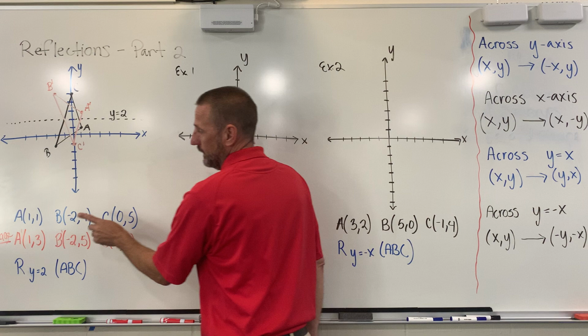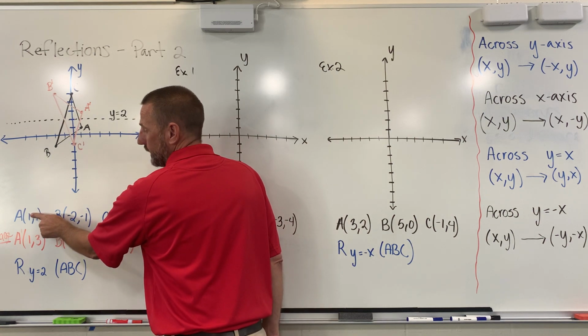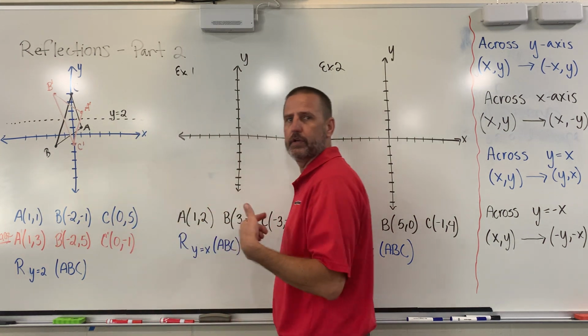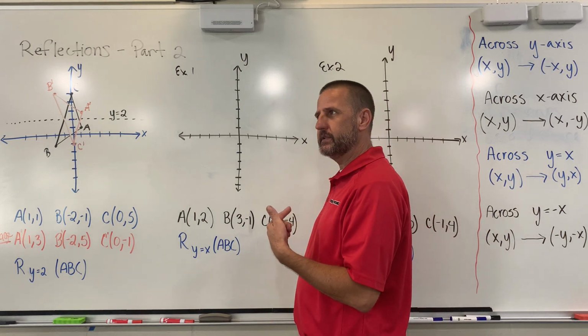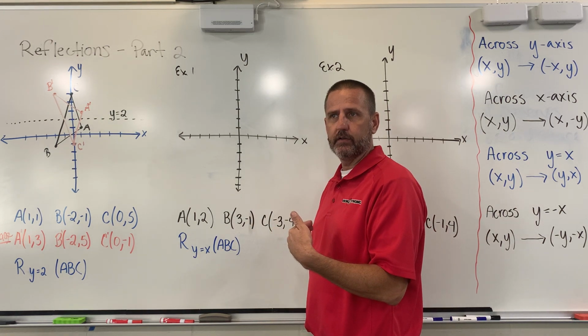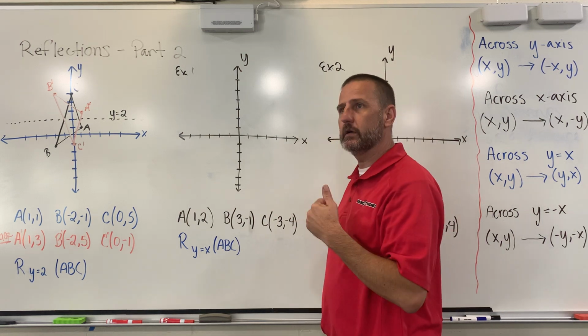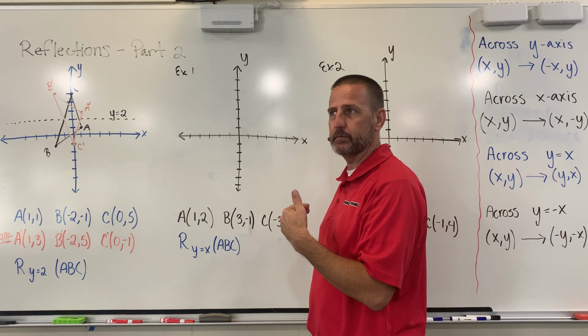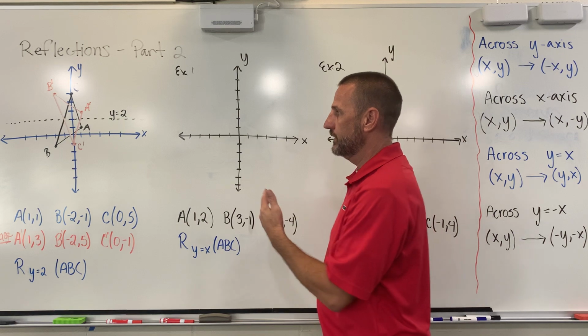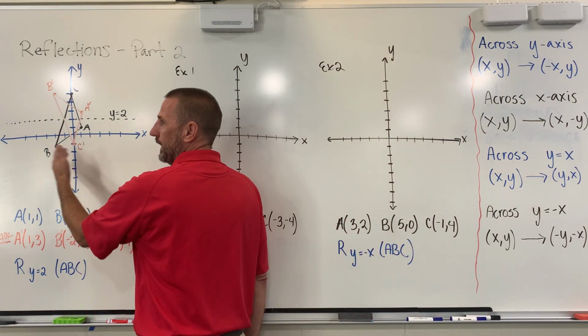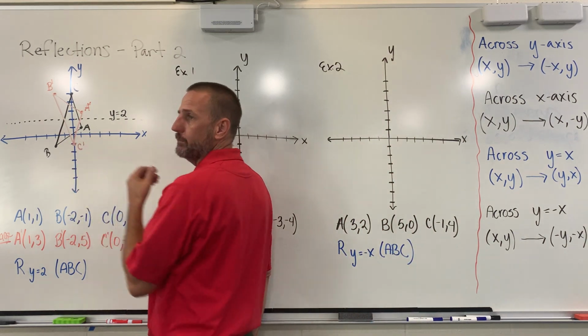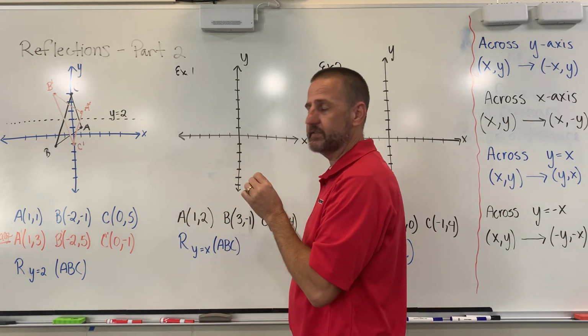For example, if I look at A pre-image and A image, I notice they're the same number, which means x is not changing. So I am not changing how far to the left or how far to the right I'm moving, because I'm staying in the same place.